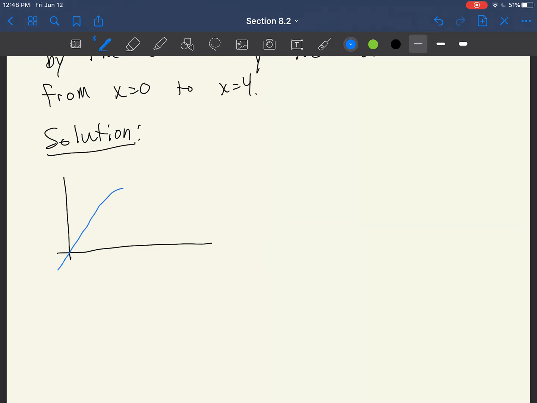So the graph looks something like this. So from x equals 0 to x equals 4, we are wanting to find this area.